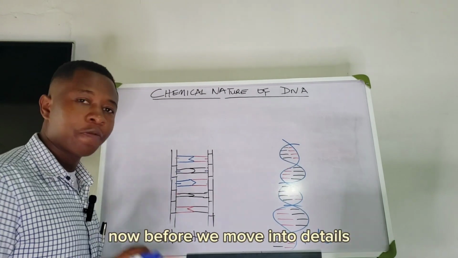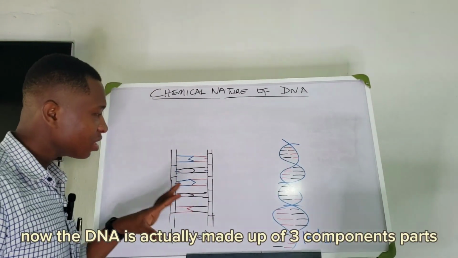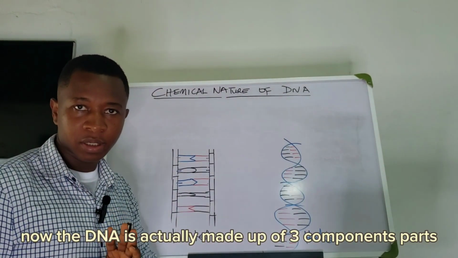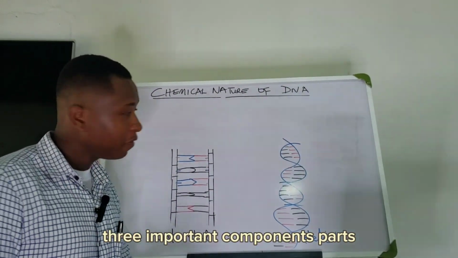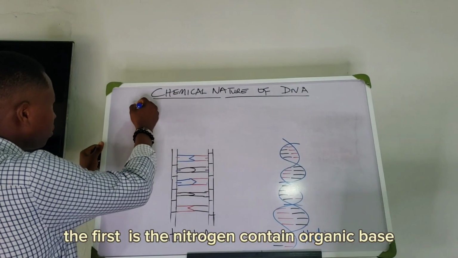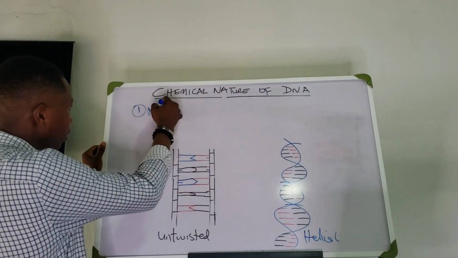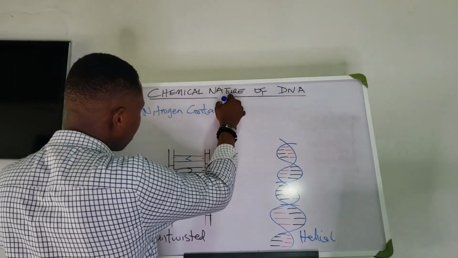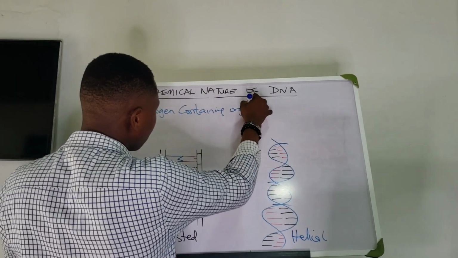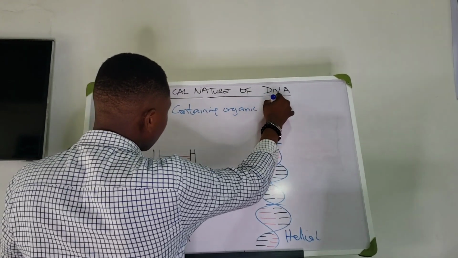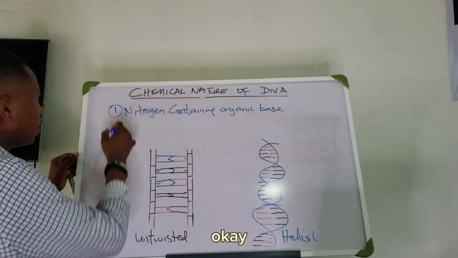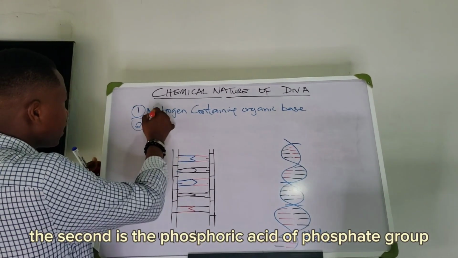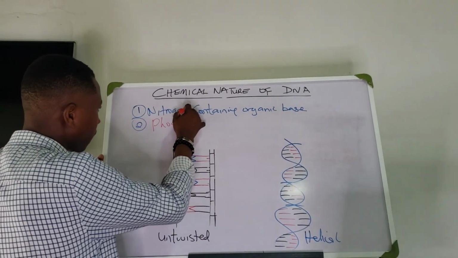All right. Now before we move into detail, the DNA is actually made up of three important component parts. The first is the nitrogen-containing organic base. Okay. The second is the phosphoric acid or phosphate group.